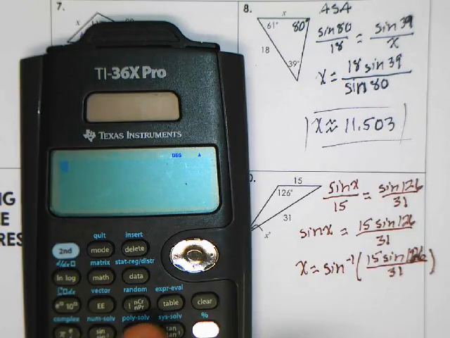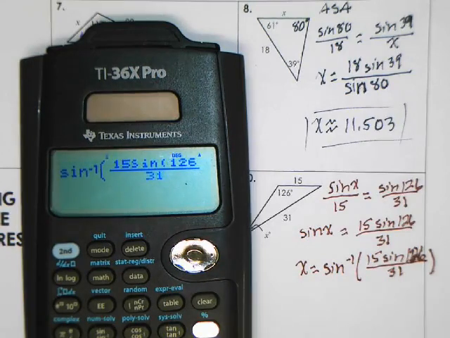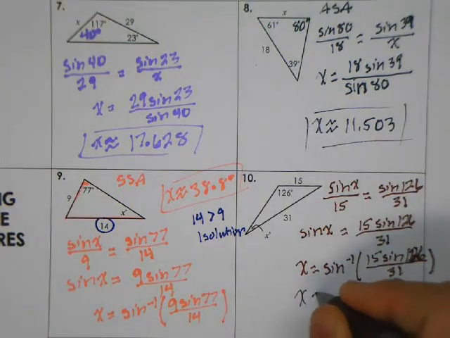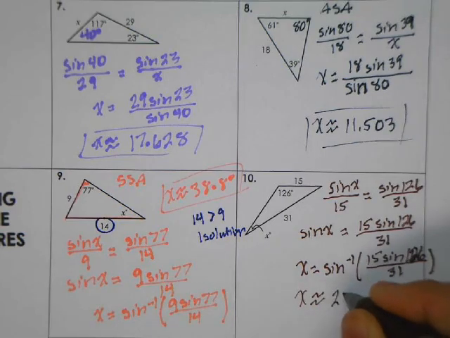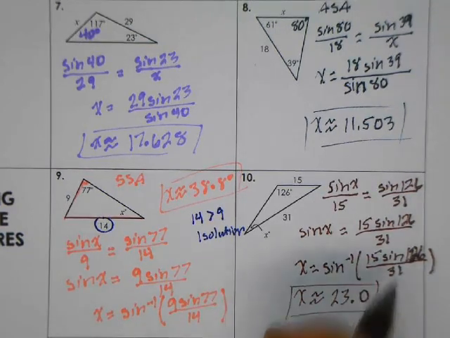I'm going to say inverse sine of the ratio of 15 times the sine of 126 divided by 31. And here I get 23.0 degrees. So x is approximately equal to 23.0. Do I need to include the 0.0? Well, did you get exactly 23? If you did, then fine, but I would include the 0 for my rounding, for my one decimal place for angles.